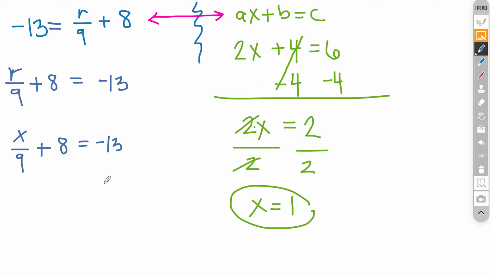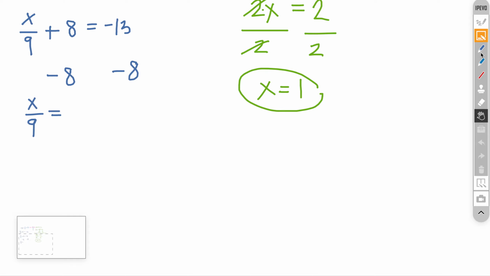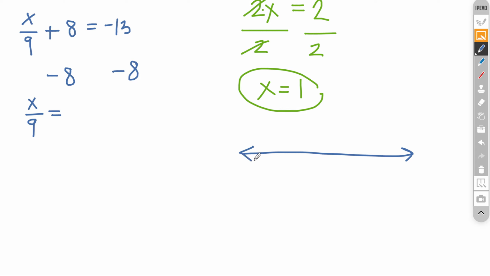And so to solve this two-step equation, step 1 would be to subtract 8 from both sides. x over 9 is equal to negative 13 minus 8. And so here to do negative 13 minus 8, you want to think, I'm doing negative 13 minus 8.